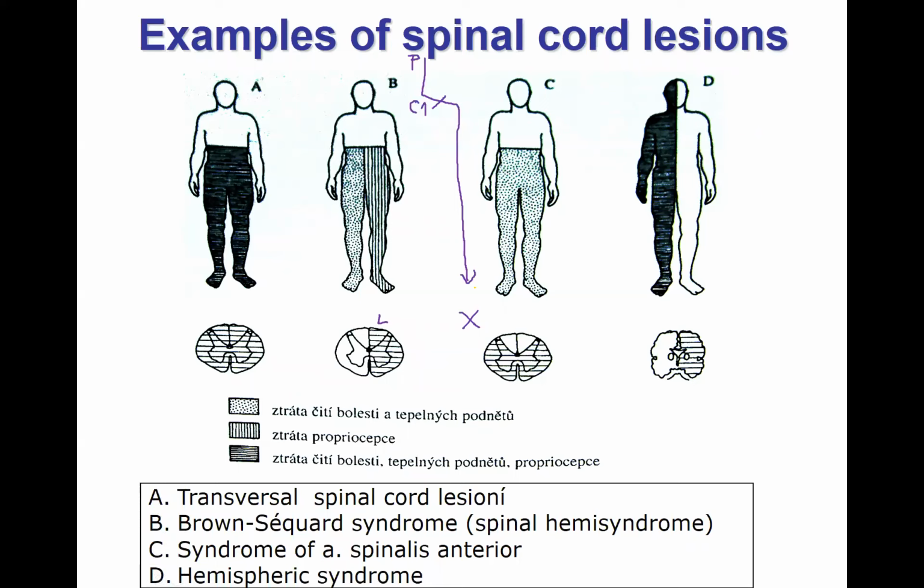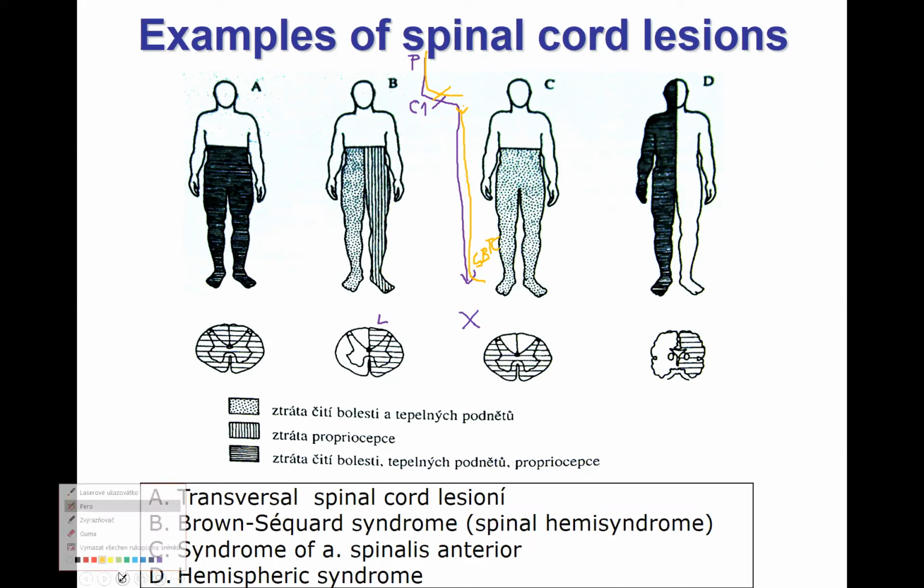What about the problem with the sensation? The tract which is going like this, here it's synapsed, here it crosses and goes up, is the spinobulbothalamo-cortical tract. So fine touch and proprioception. On the same side, the patient will lose fine touch from the lower limb and the sensation of position, so proprioception.